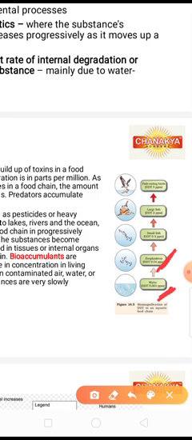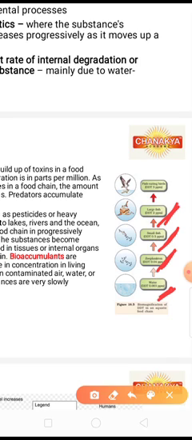If that zooplankton is consumed by small fishes, it moves to a higher trophic level. The concentration of DDT increases to 0.5 ppm. You can see how drastically this concentration is increasing. If that small fish is consumed by large fish, the concentration will again increase to 2 ppm.